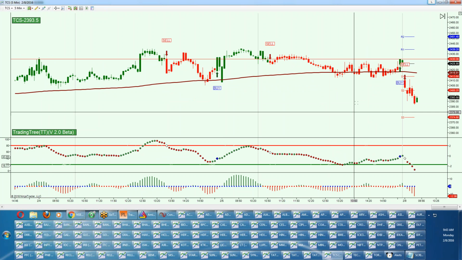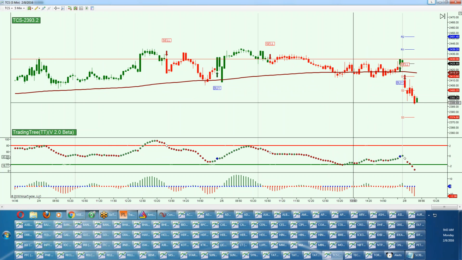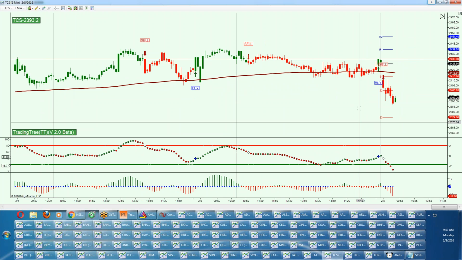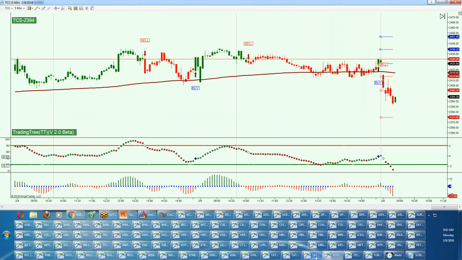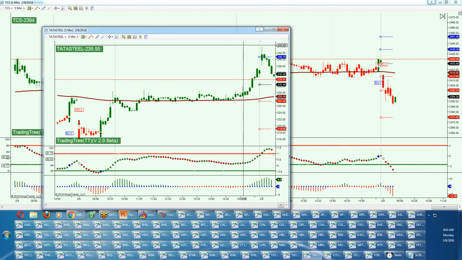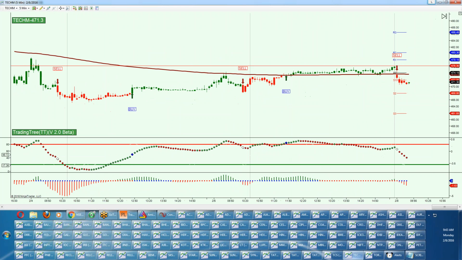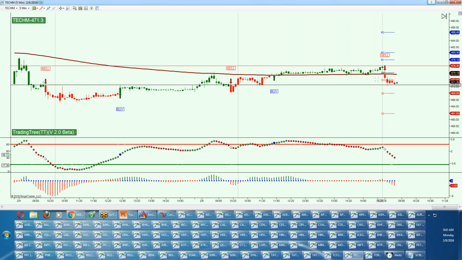So TCS, we had shorted it at 2400. Now your first target will be your S3, that is 2375. So it's Tata Steel. Tech Mahindra is flat, but it's got executed.